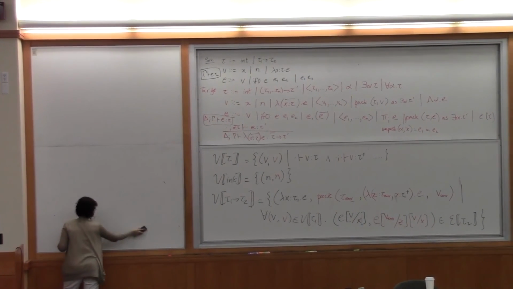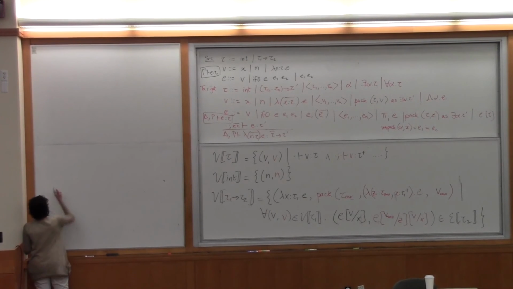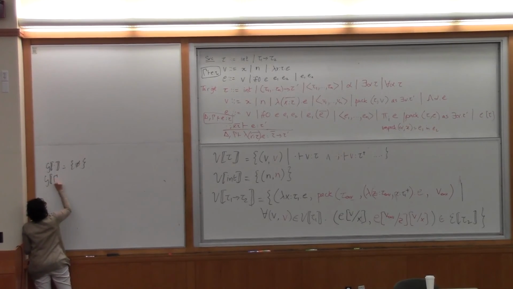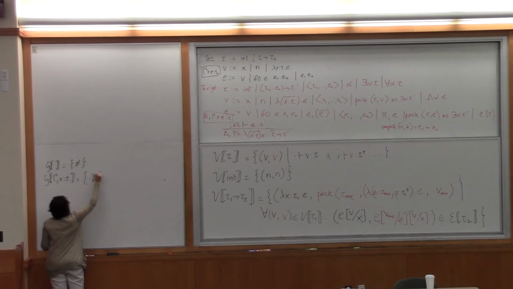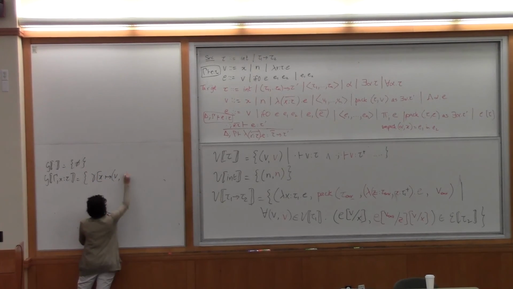And now we do the completely standard thing of defining a G relation. So, empty context, empty substitution, non-empty context, X colon tau. We have gammas that now map X's to black V's with red V's, right?